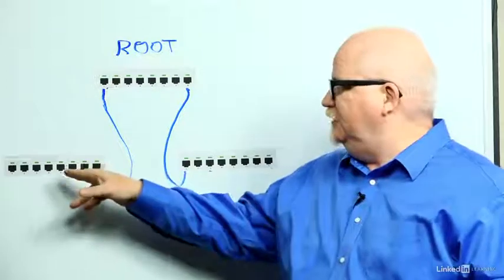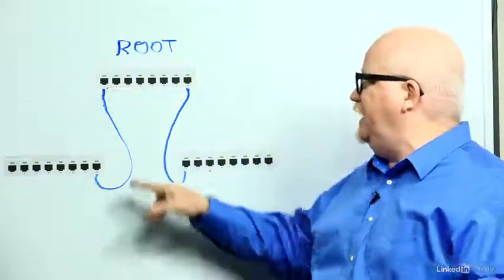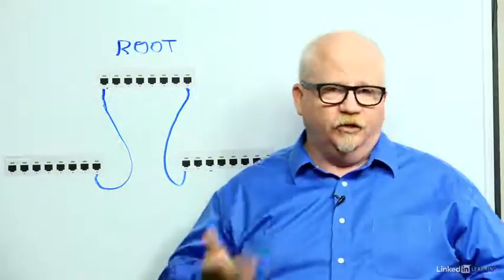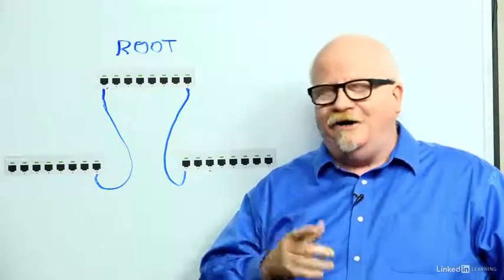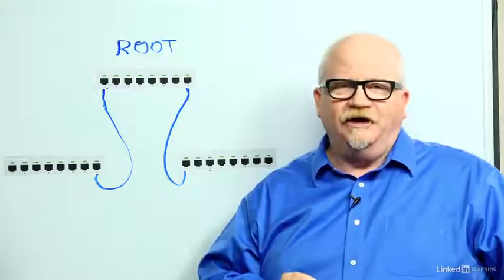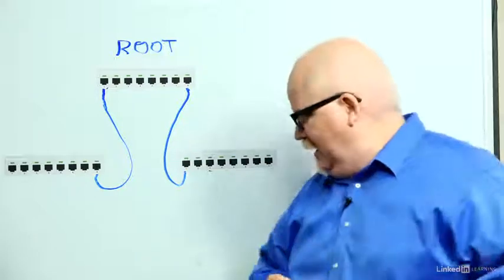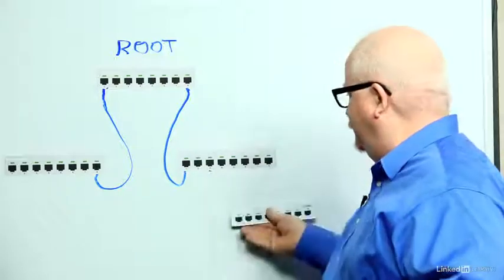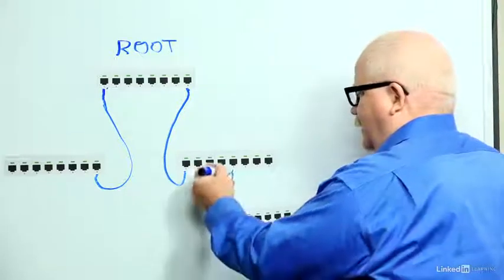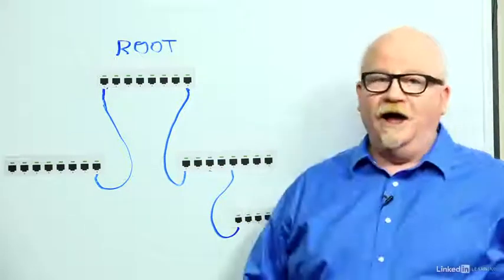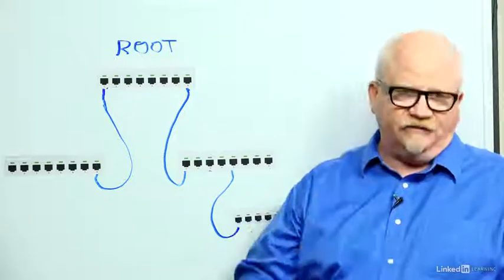And what will happen is these guys will then begin to negotiate how far away they are from the root. And that's great. It's a beautiful part of the protocol. However, some evil person got clever and came up with a way where they could just plug in their own switch and then all of a sudden say, oh, I'm the root, and it would cause havoc.